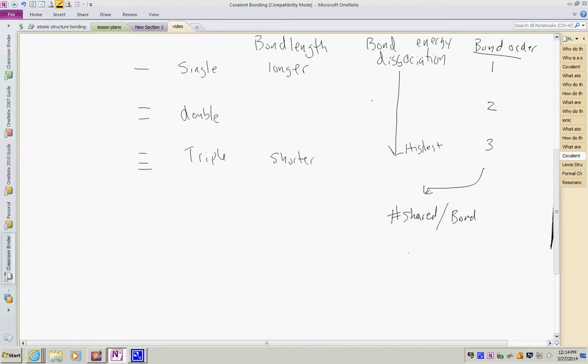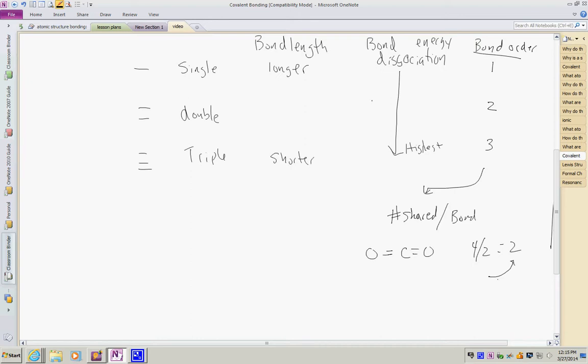If carbon dioxide has 4 total pairs of electrons, divided by 2 equals a double bond, which is 2. So it will have 2 pairs of electrons being shared, or a bond order of 2.